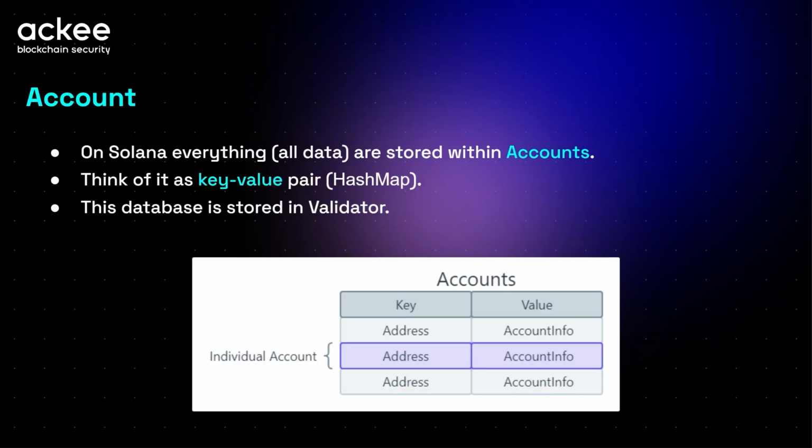When you try to invoke or call some of the programs that are already deployed in the cluster, as I said in the overview, you create a transaction which contains instructions. These instructions have actually been specified by you, as the developer of the program, as to which accounts to expect on their inputs. So on the off-chain side, where you actually create the transaction, you need to specify all of the expected accounts.